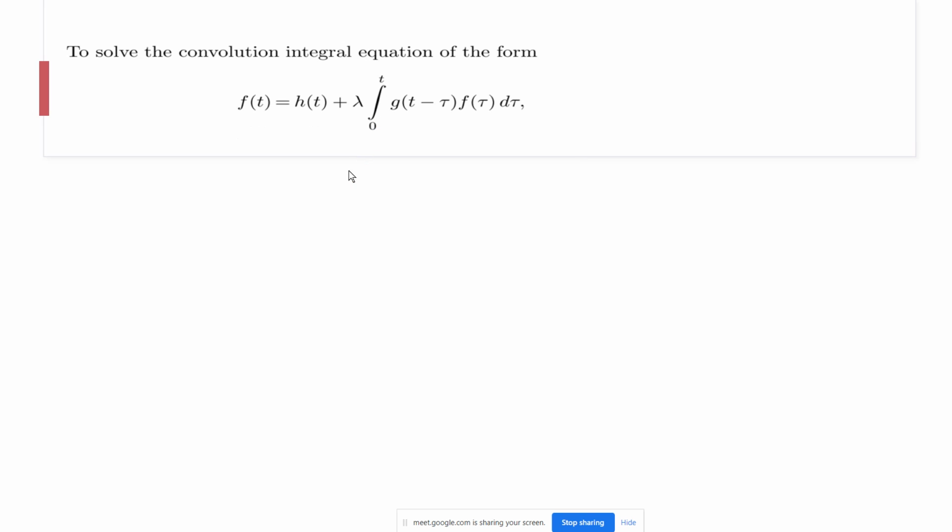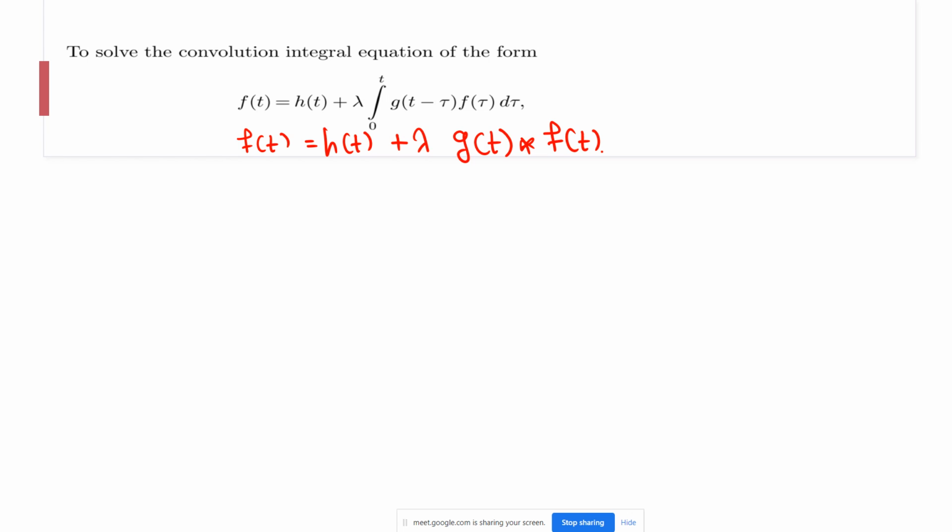Before I start applying Laplace transform, I can write the given equation as f of t is equal to h of t plus lambda times convolution of g of t with f of t. So first of all I converted into convolution. Now applying the Laplace transform, हर एक फंक्शन का जो Laplace होगा मैं उसको उसके कैपिटल से डिनोट करूंगा.